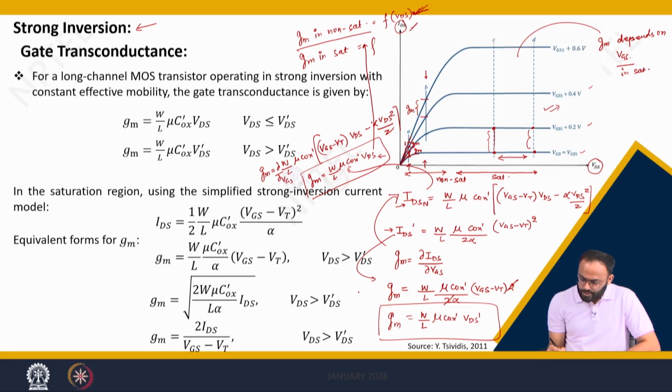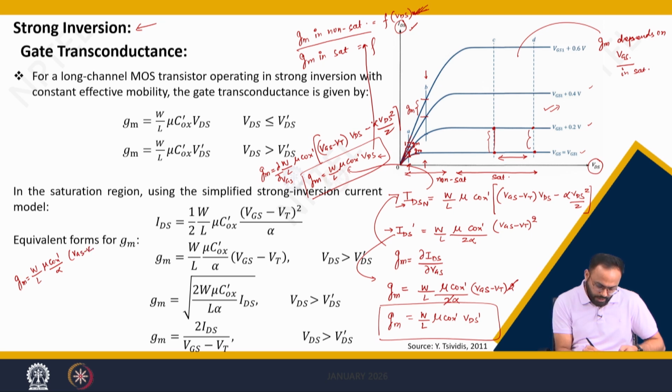By solving this equation, we can propose different ways of representing GM. For example, one representation we calculated is W divided by L, mu into COX dash, divided by alpha, into VGS minus VT, which is this equation. Now, can I replace this VGS minus VT using the current equation? VGS minus VT can be written as 2 into alpha into IDS divided by W by L into mu into COX dash.